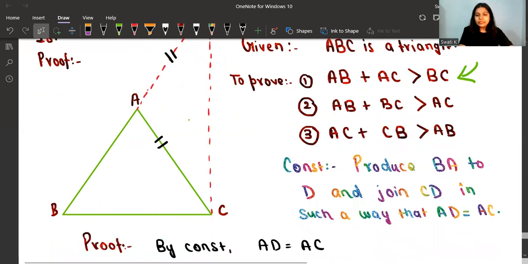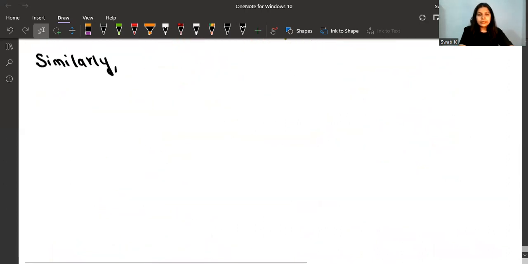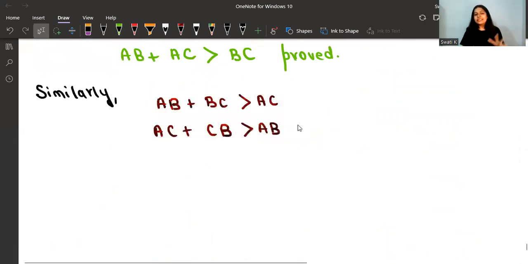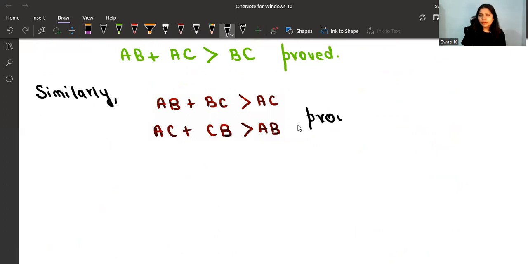So similarly, we can prove that the sum of these two sides is also greater than the third side. That means AB plus BC is greater than AC, AC plus BC is greater than AB, and we have proved this also.